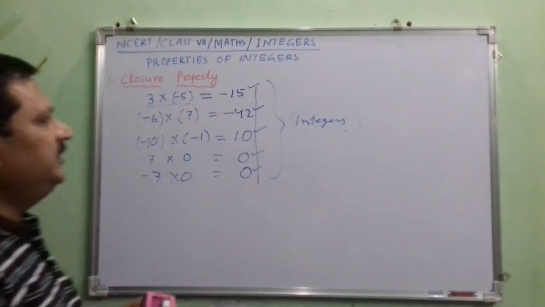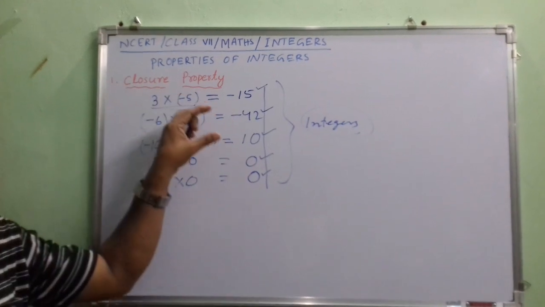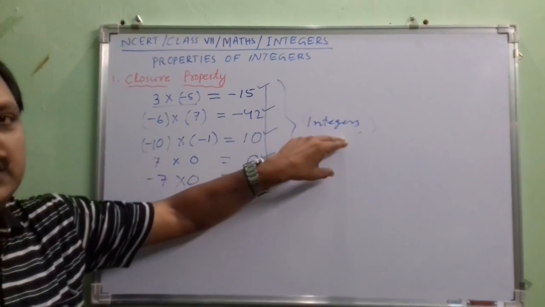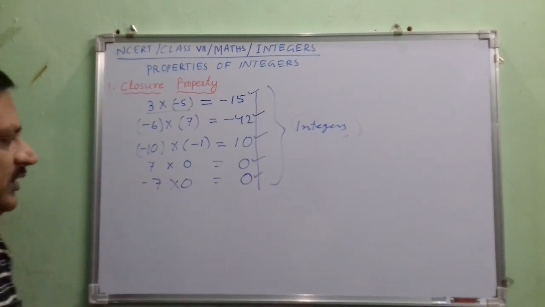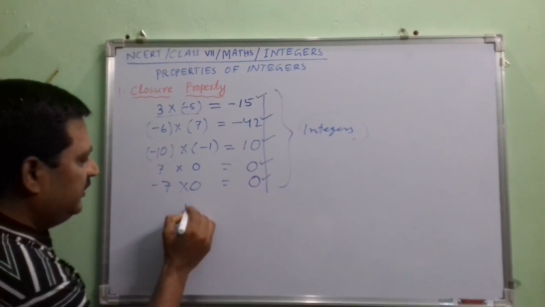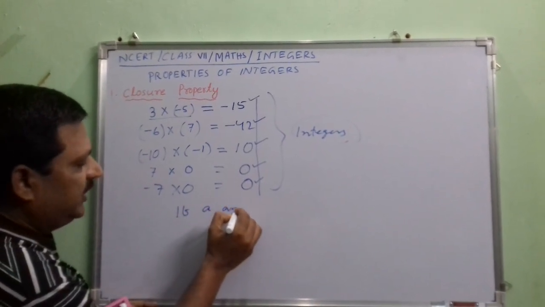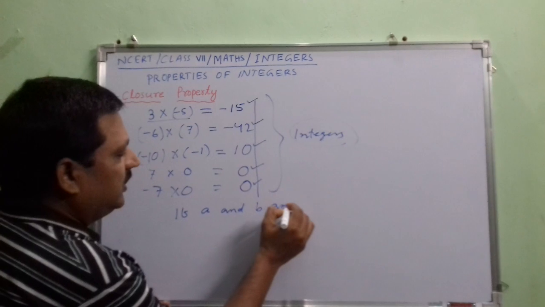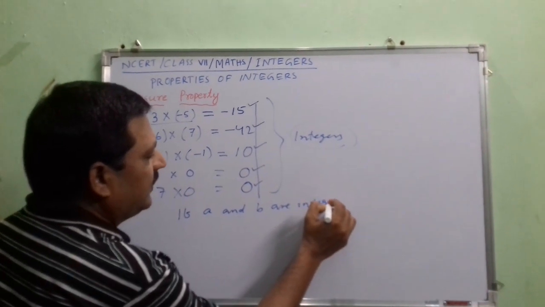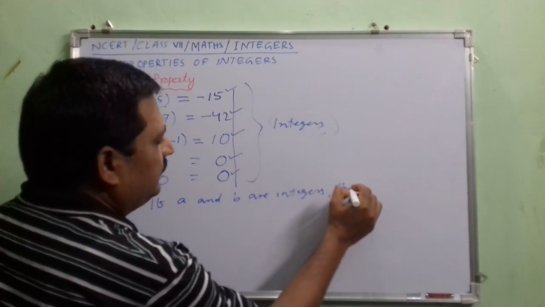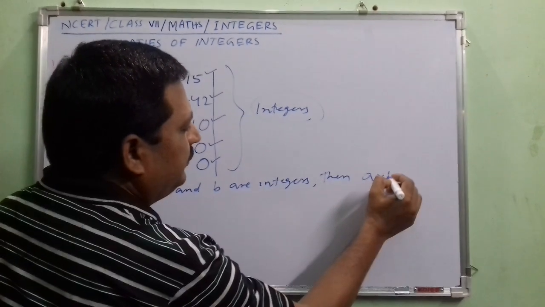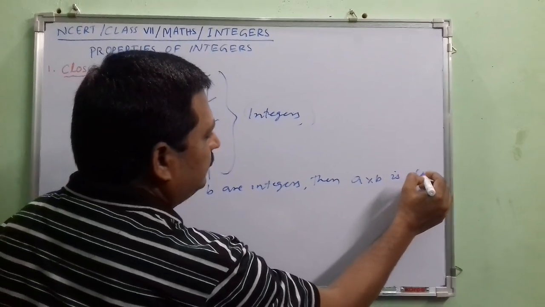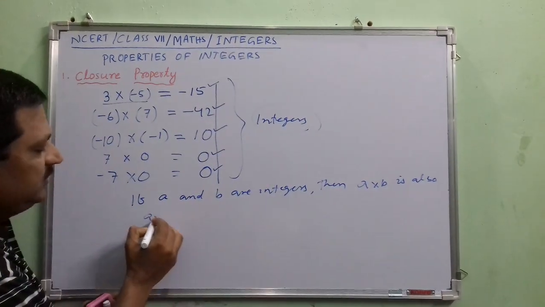That means if we multiply any two integers, we get an integer. That is, if A and B are integers, then A into B is also an integer.